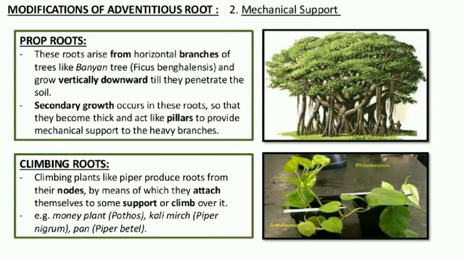With the help of these roots, the climbers attach to a support and climb over a wall, larger trees, or anything. Since the roots help in climbing, they are called climbing roots. The most common are money plant, pothos, kali mirch (Piper nigrum, black pepper), and Piper betle, pan. These are the three examples for climbing roots.